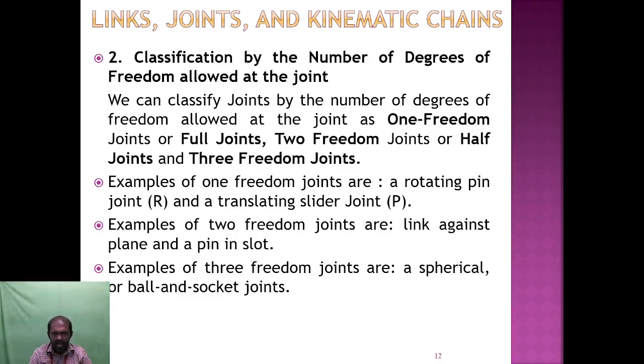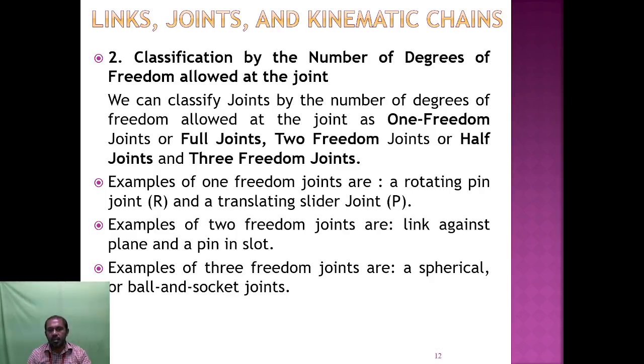Okay. Another is classification by the number of degrees of freedom allowed at the joint. We can classify joints by the number of degrees of freedom allowed at the joint: 1 degree of freedom joint, also called full joint, then half joint, and 3 degree of freedom joint. For example, a rotating pin joint and a translating slider joint are examples of a 1 degree of freedom joint.